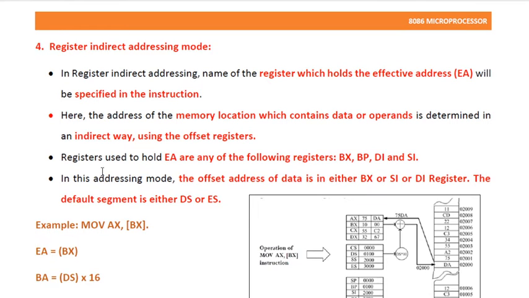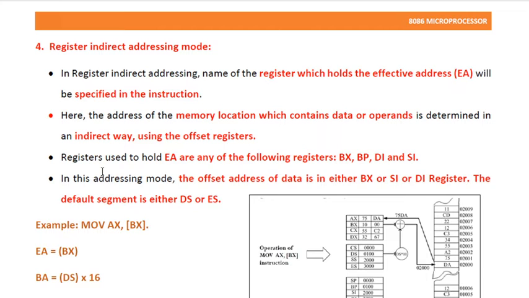Now the next addressing mode that you have is register indirect addressing mode. In register indirect addressing mode, the name of the register which holds the effective address will be specified in the instruction. In contrast to the previous one, here the name of the register that holds the effective address of the operand is specified in the instruction.